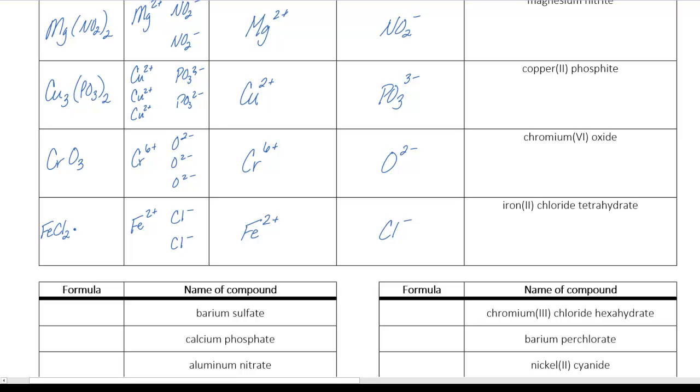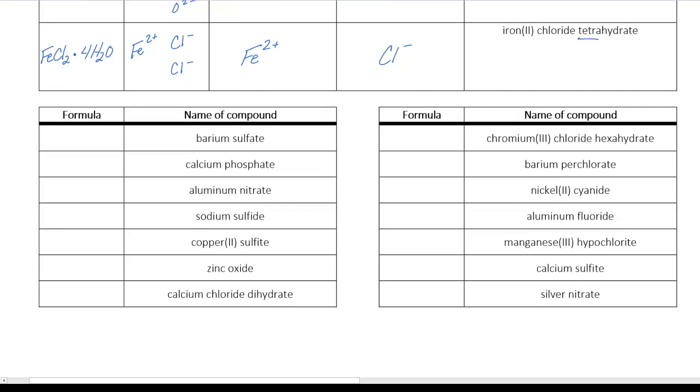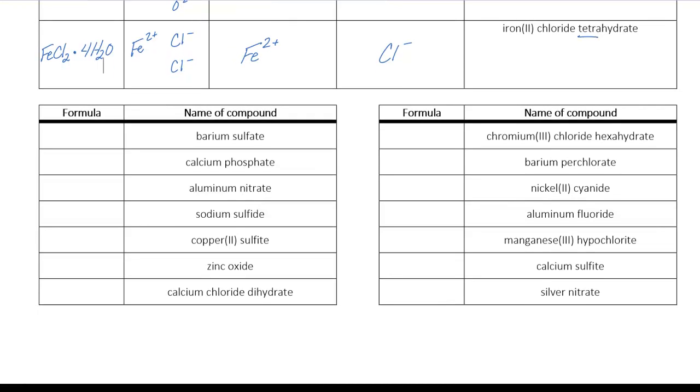FeCl2 with, and then we look at the prefix of tetra, which means 4. So we add 4 H2O to finish off the formula. Now I'd like you to pause the video and try these compounds. When you are finished, please compare them against the key that I've attached to the back of your worksheet.